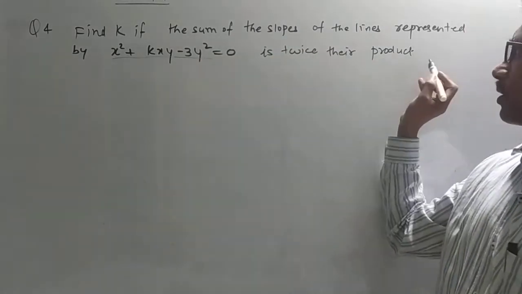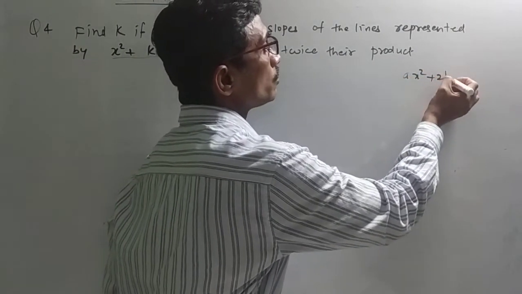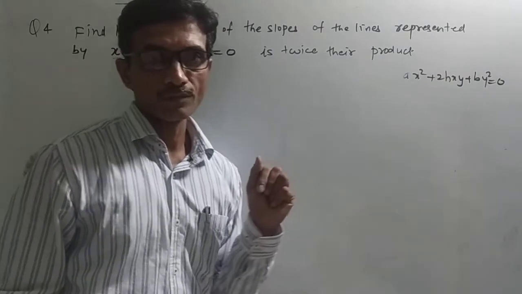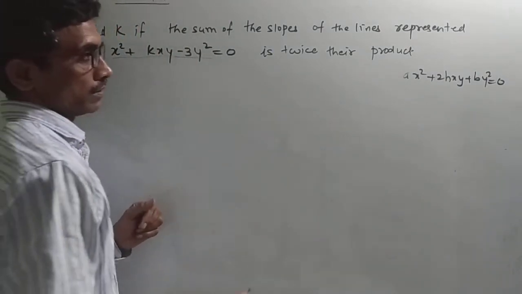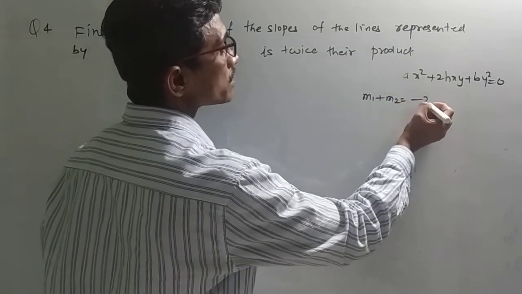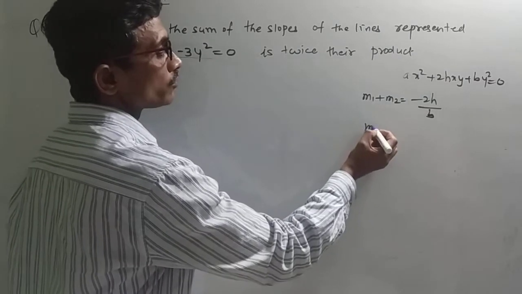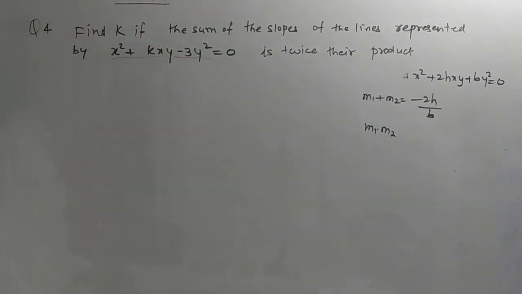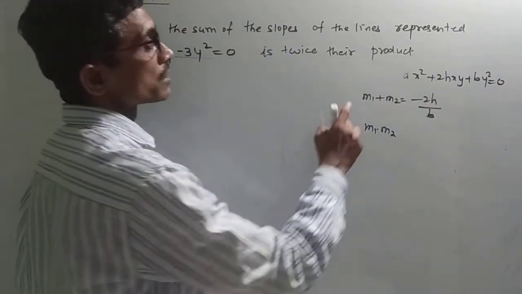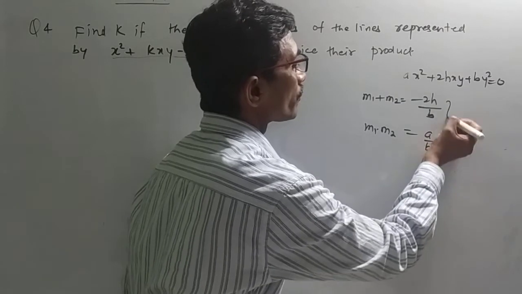So if our equation is ax square plus 2hxy plus by square is equal to 0, this is our homogeneous equation. Here the sum of the slopes m1 plus m2 is given by minus 2h upon b, and m1 into m2, the product of the slopes of the lines represented by this equation, is a upon b. This is the formula we are using.